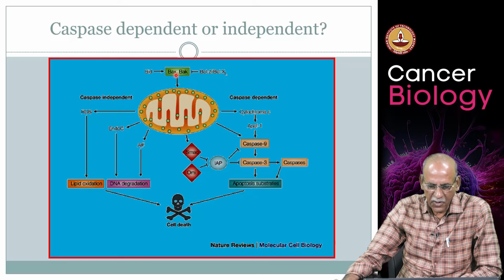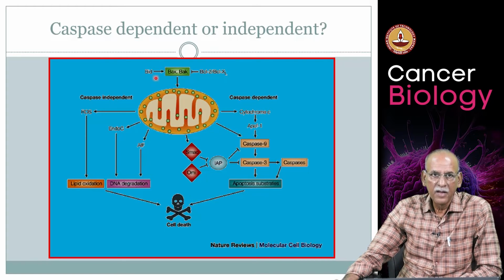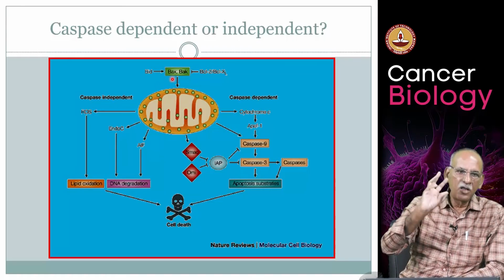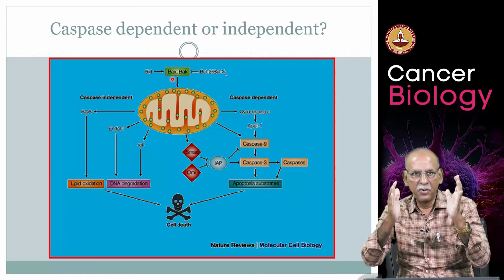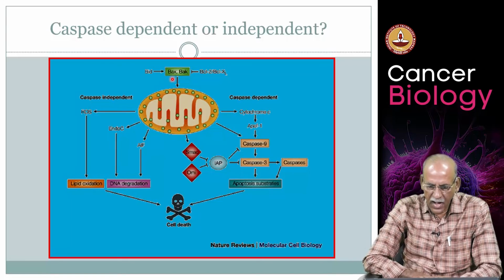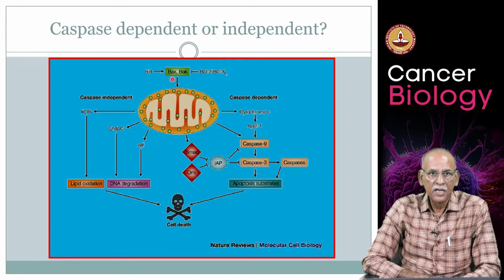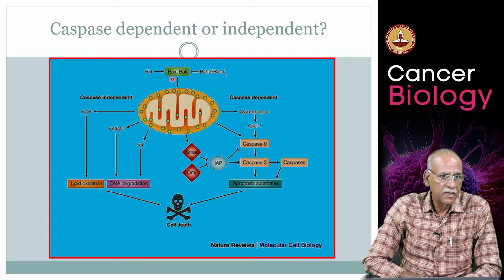Some of the pro-apoptotic molecules are called, see, the BID I told you. The other important pro-apoptotic molecules are called BAX and BAK. They undergo oligomerization. They form oligomers and act like pores. This oligomerization is blocked by anti-apoptotic proteins.